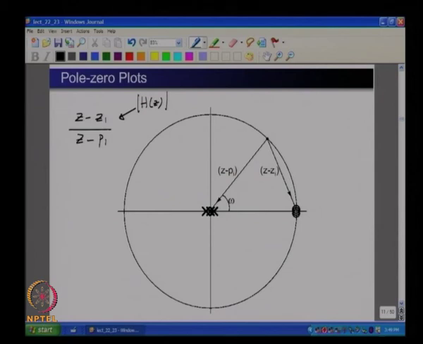Of course you can plug z into the formula and then find the ratio of complex numbers, but what I wanted to bring to your attention is this. If this is z, the point at which you need to evaluate the magnitude of this transfer function, you can think of this process as finding the distance from z to all the poles, giving the magnitudes of those vectors, and the distance from z to all the zeros, giving the magnitudes of those vectors.